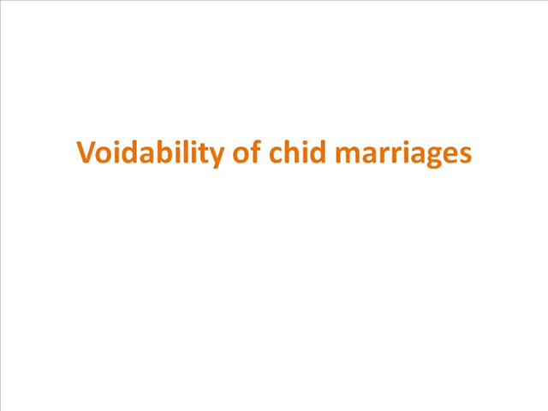While granting a decree of nullity under this section, the district court shall make an order directing both the parties to the marriage and their parents or their guardians to return to the other party, his or her parents or guardian, as the case may be, the money, valuables, ornaments and other gifts received on the occasion of the marriage by them from the other side, or an amount equal to the value of such valuables, ornaments, other gifts and money.